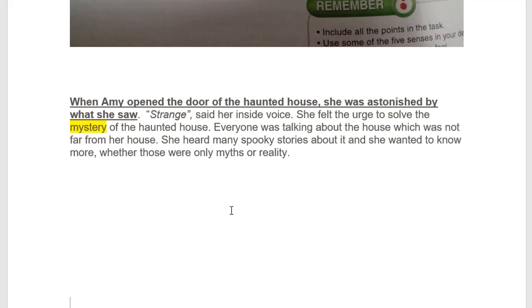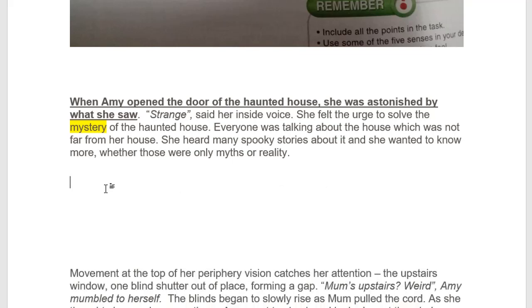She felt the urge to solve the mystery of the haunted house. Everyone was talking about the house, which was not far from her house. She heard many spooky stories about it, and she wanted to know more whether those were only myth or reality. Okay, so we have learned all these words in the previous pages of your textbook. Okay, now let's go to the second paragraph.